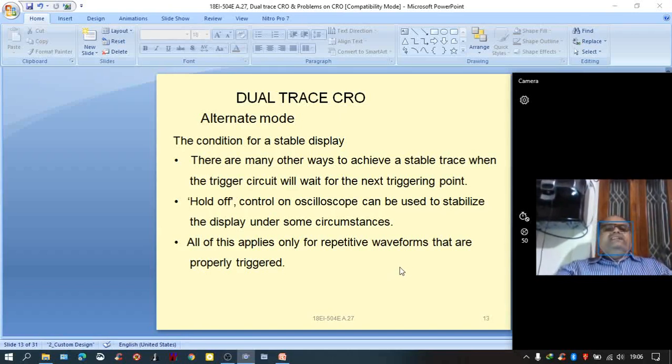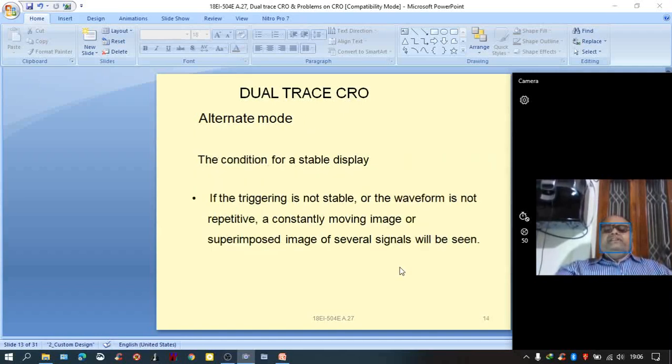But if any signal lasts only for 1 or 2 cycles, in that case, there is every possibility that we may lose a portion of the input signal because there is a time delay in triggering both the inputs, because both the inputs cannot be triggered at the same time. So definitely a portion of any one of the input signals will be lost due to delay in triggering.